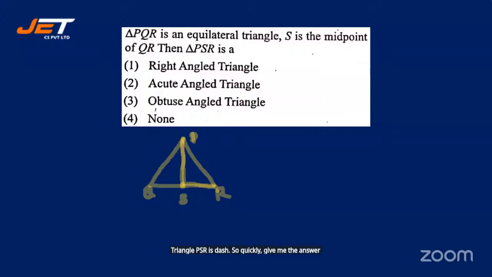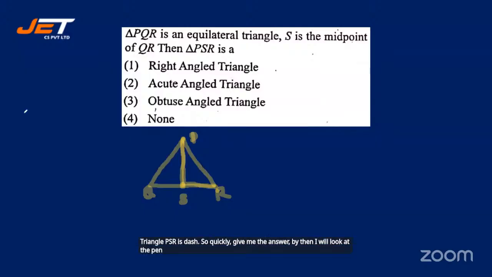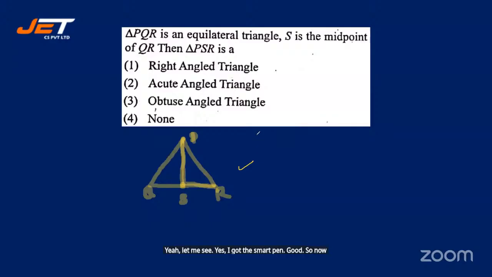By then I will look at the pen. This is the smart pen. Yes, I got the smart pen. Good. So now what is triangle PSR? Hope the question is clear.